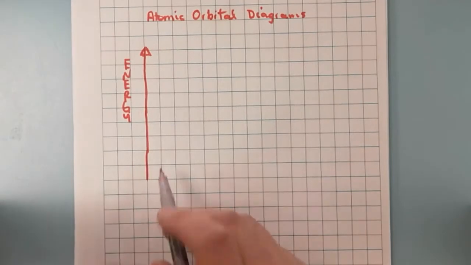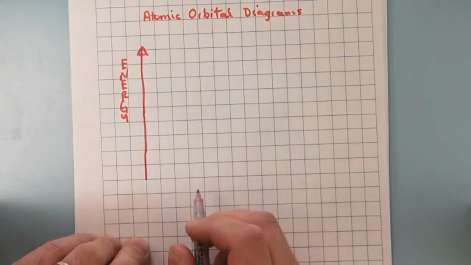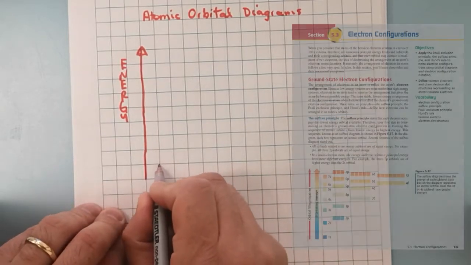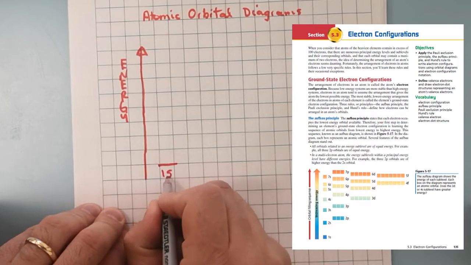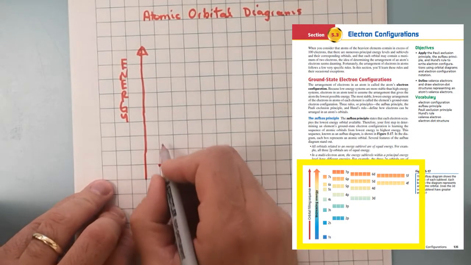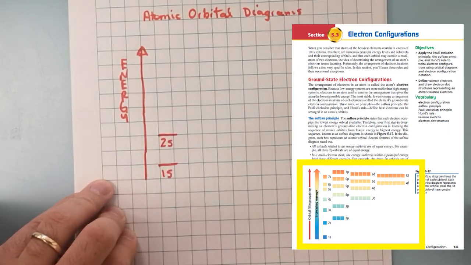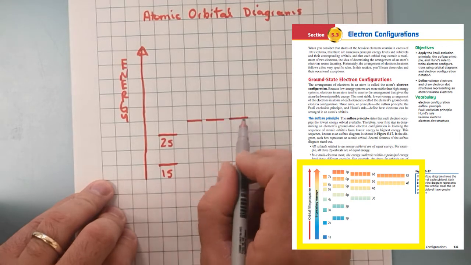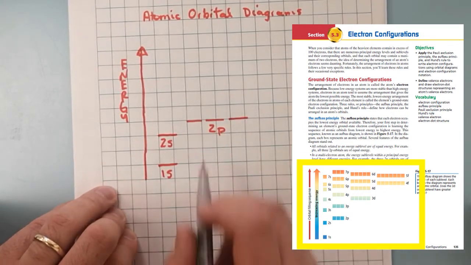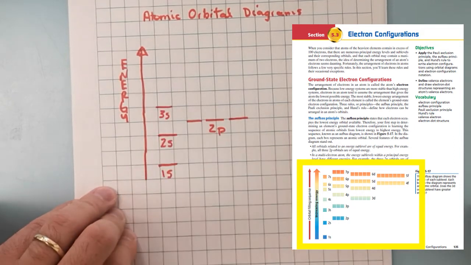All right, so on the vertical axis here, we have it labeled energy. Now, the lowest energy level possible, as we discussed previously, is the 1s energy level. The next highest energy level is the 2s energy level, followed by the 2p energy level. After 2p is 3s.